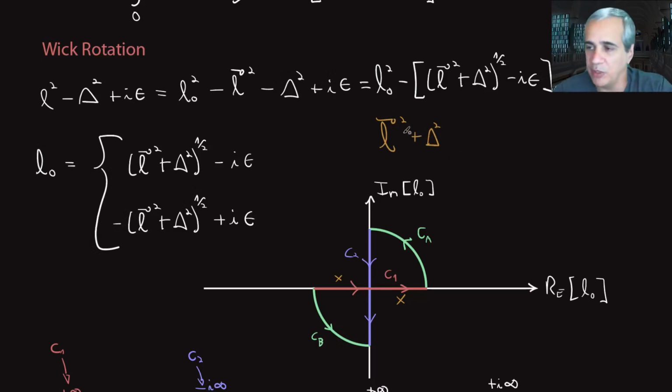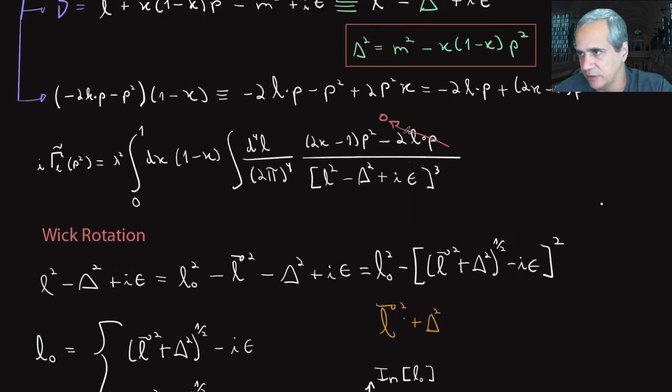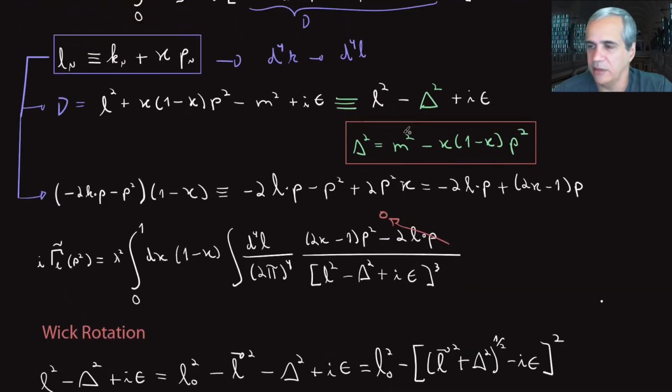If you go to the definition of delta, you see p squared can be positive or negative, because this is Minkowski p, the external momentum going into the diagram.